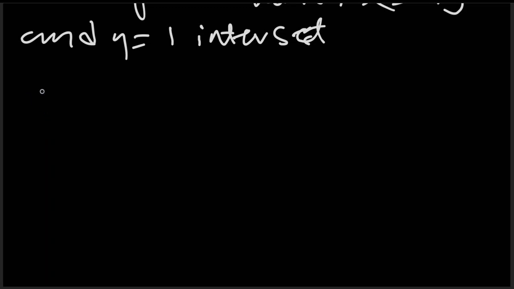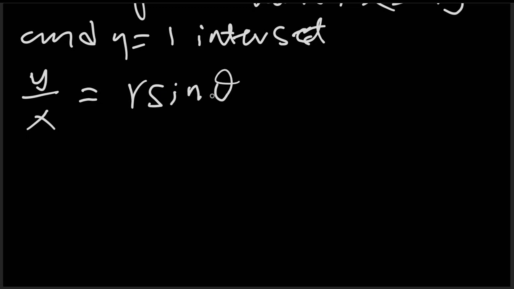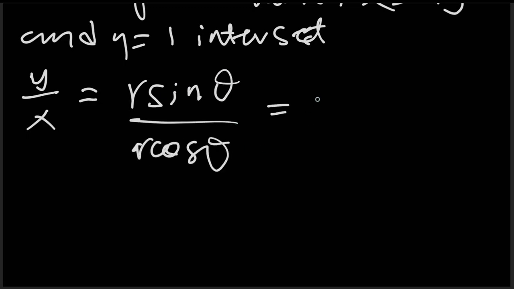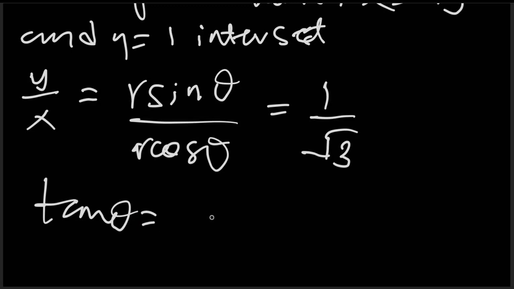Then we divide y by x, so y over x will be equal to r sin theta over r cos theta, which will be equal to 1 over √3. Then we all know that r will cancel out, so it will be sin theta over cos theta, and this will give us tan theta, which is equal to 1 over √3.